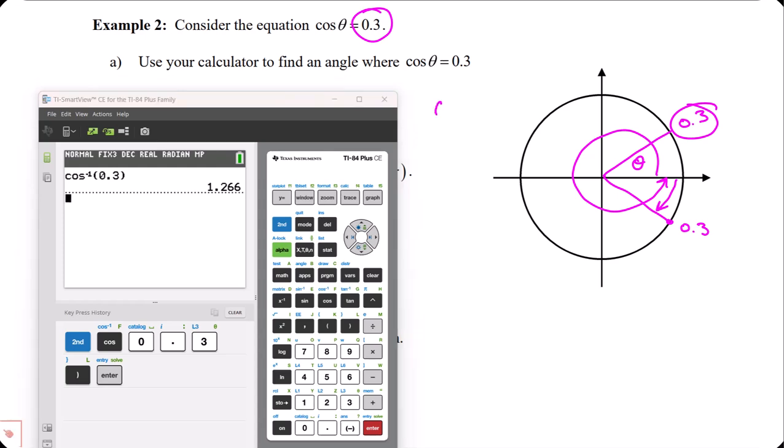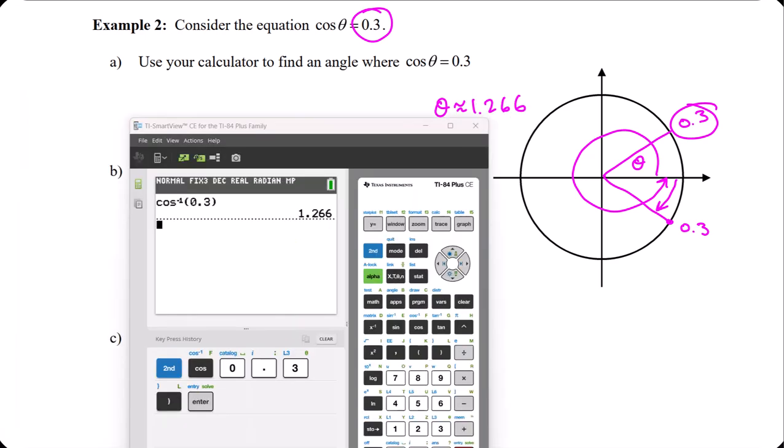So that theta in the first quadrant is about 1.266. The one in the fourth quadrant is again 2 pi minus that angle we just found, which is 1.266. So I can go 2, second pi, and then subtract.